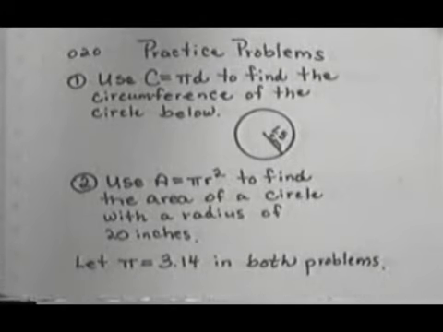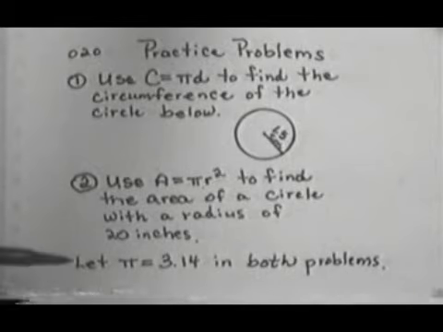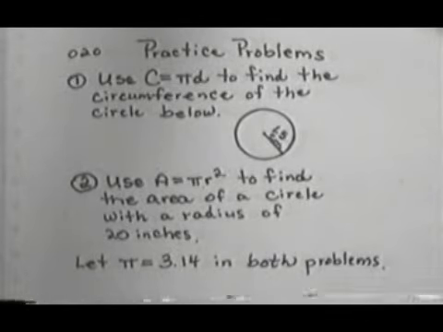That's the number on the circle. And number 2 says use A equals pi r squared to find the area of a circle with a radius of 20 inches. And let your pi be 3.14 in both problems. Copy your problems down and then cut your tape off so you can work them.